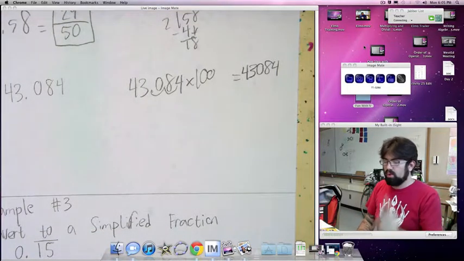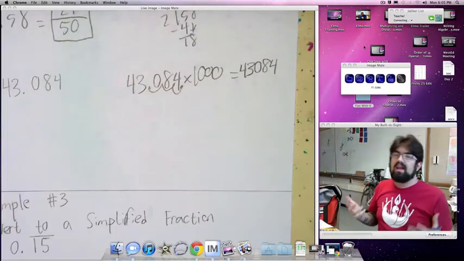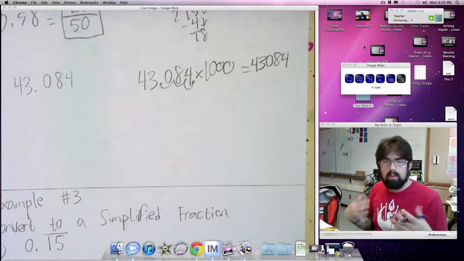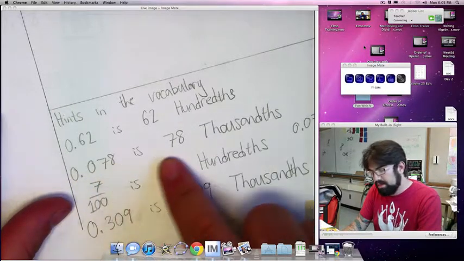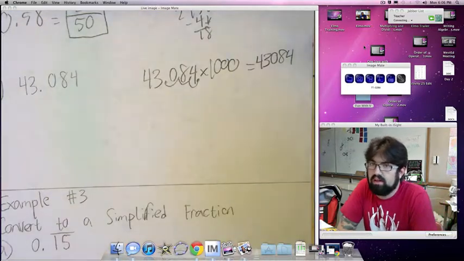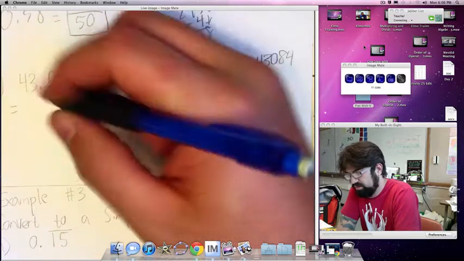I think we need one more. 1 thousandths. Hey, look. If you read it correctly, it's all part of that reading. Look right here. 1, 2, 3. The third place is thousandths.